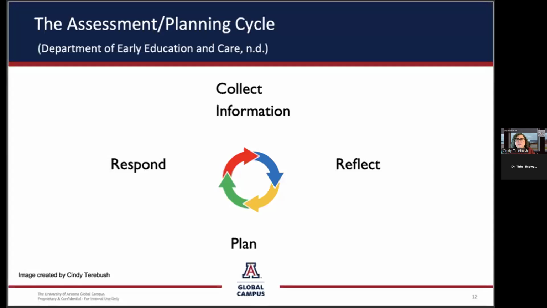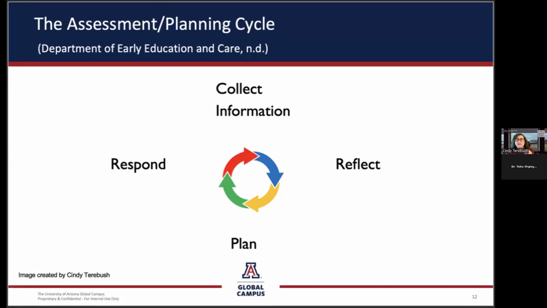The assessment and planning cycle goes in a circle that never ends, because we're constantly assessing where the children are in their current knowledge, skills, understandings, and abilities, so that we can plan activities that will actually build the skills we need to work on with them.